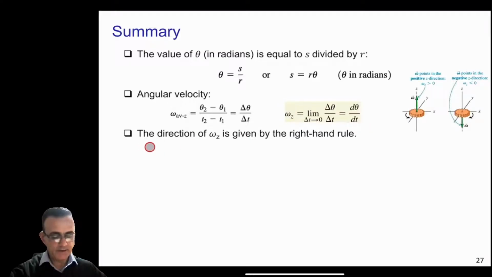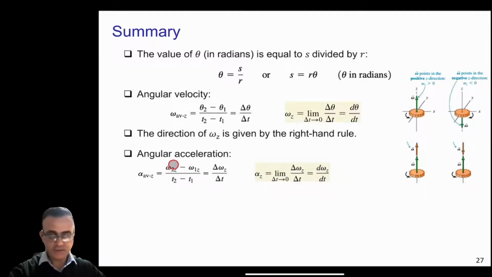The direction of angular velocity can be found using the right hand rule, as we discussed earlier. Angular acceleration can be calculated using the average one, which is delta omega z divided by delta t, and similarly the instantaneous angular acceleration is d omega z divided by dt.